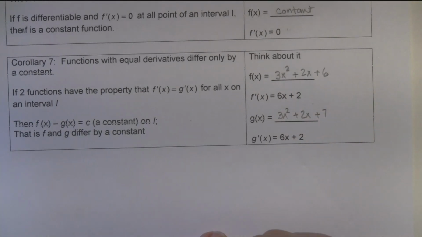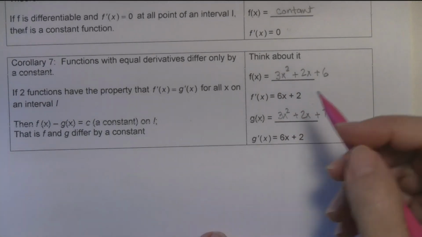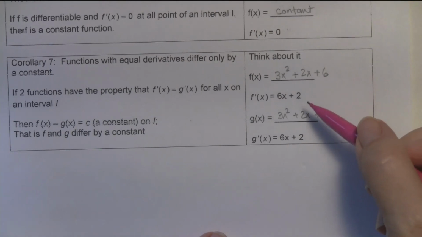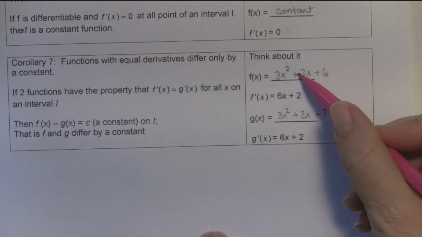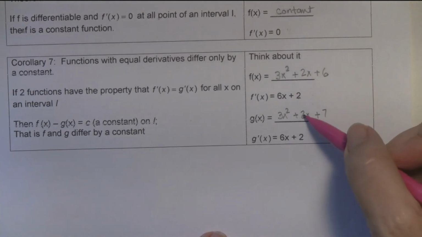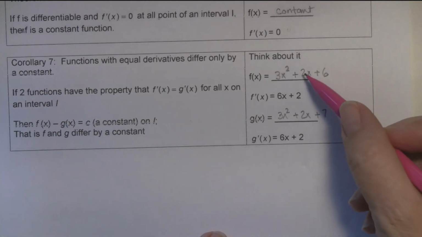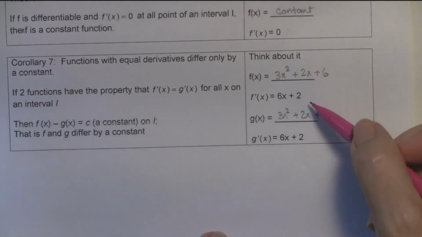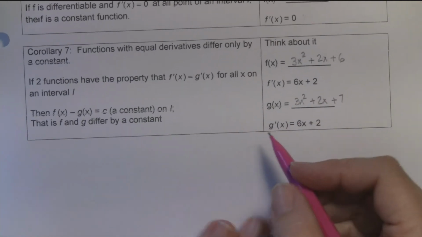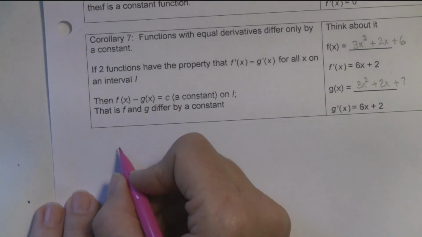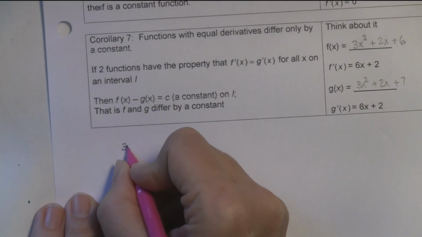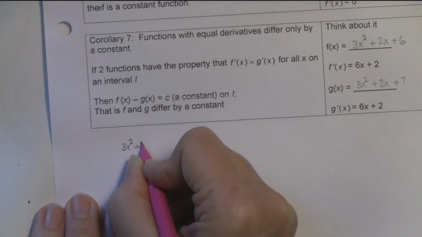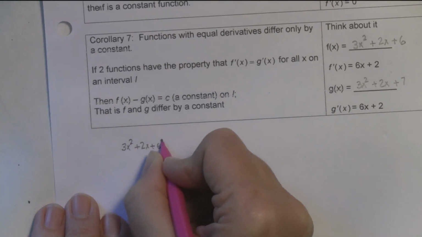And so that's all they're saying, is that if you have two functions that have the same derivative, so this function has this derivative, and this function has this derivative, then it must be that f and g are just different by a constant. So that if you were to subtract f and g from each other, so if you were to take f, 3x squared plus 2x, the way I defined it, plus 6, right?